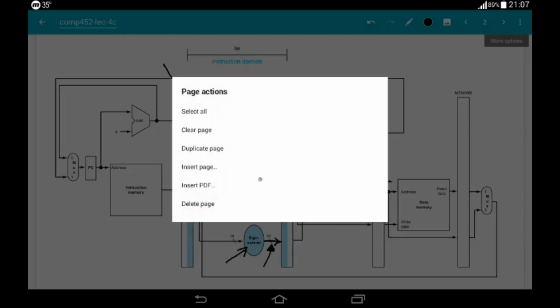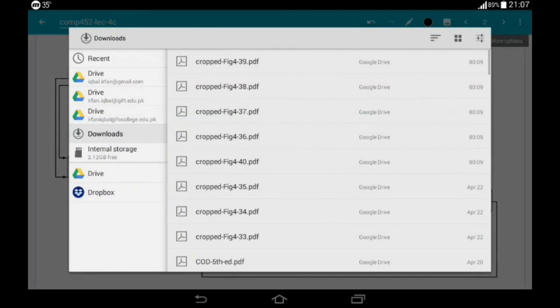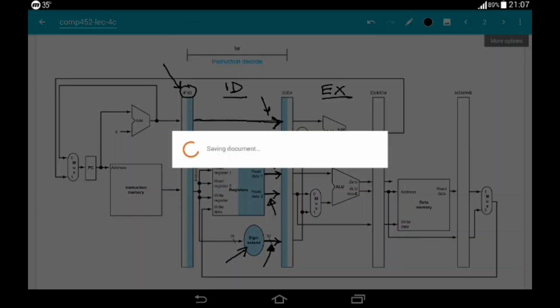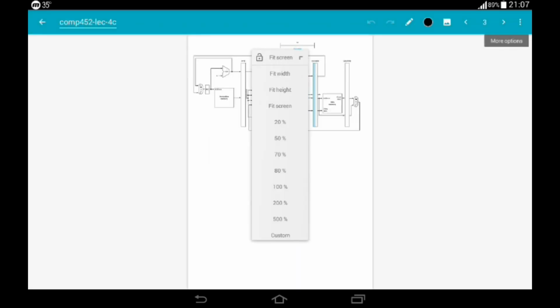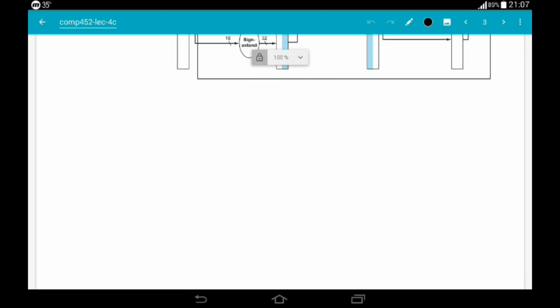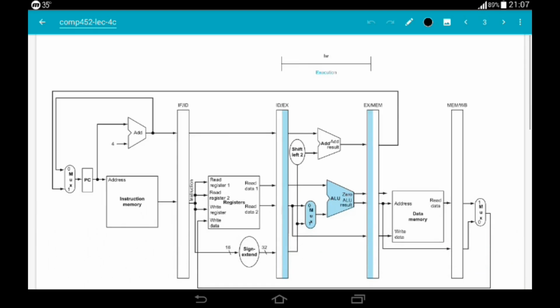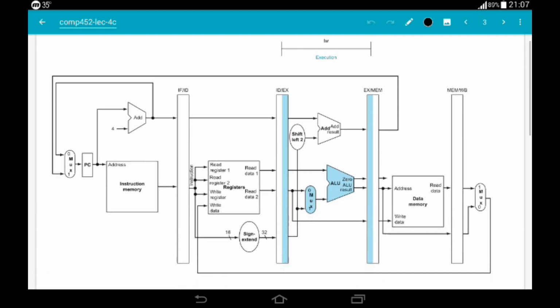So this is our EX stage. Okay, so now you can see that our instruction has reached the EX stage.